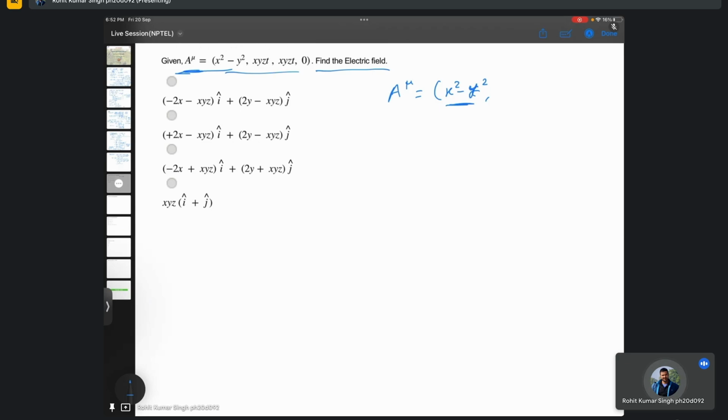So this is the scalar potential, x squared minus y squared, and the other three are the components of the vector potential, right? So now how do we find the electric field? What should we do?